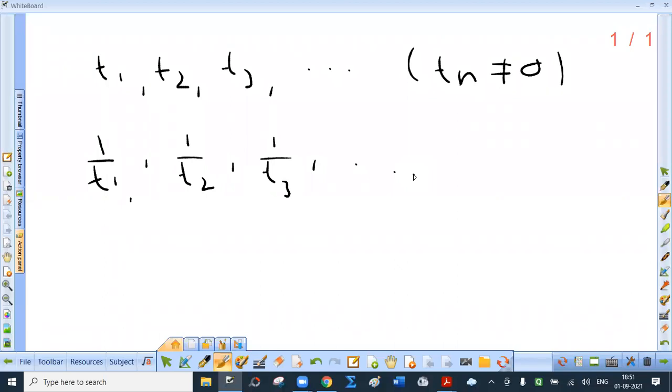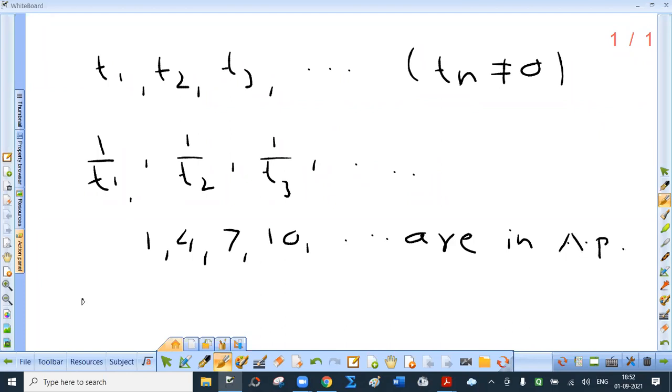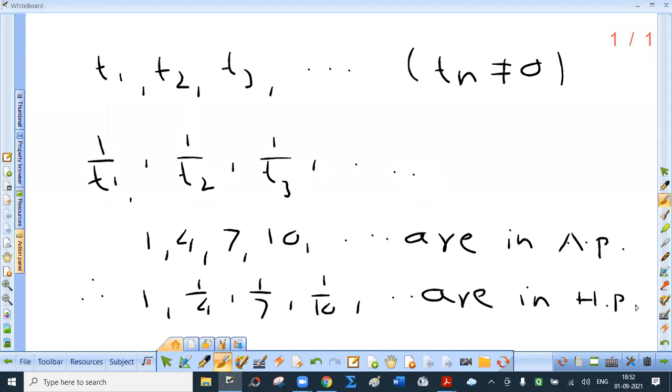Same example, or I can take many more. 1, 4, 7, 10 are in AP. Yes or no? Yes. So can I say their reciprocals 1, 1 upon 4, 1 upon 7, 1 upon 10 are in HP? Yes, they are. So this is about harmonic progression.